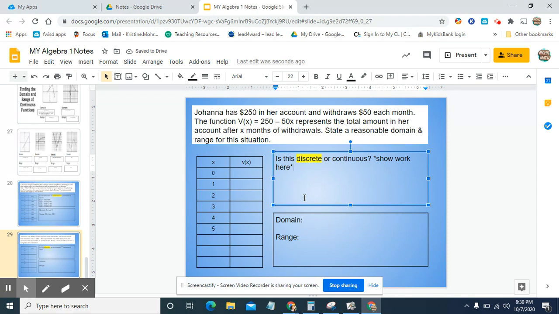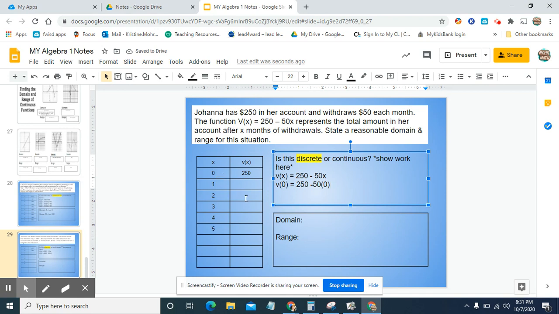So showing our work here, we have our equation v of x equals 250 minus 50x. So v of 0 equals 250 minus 50 times 0. So 50 times 0 is 0. So we're left with basically just 250, like it told us at the beginning, she has 250.